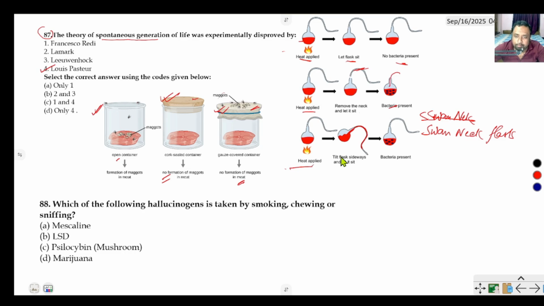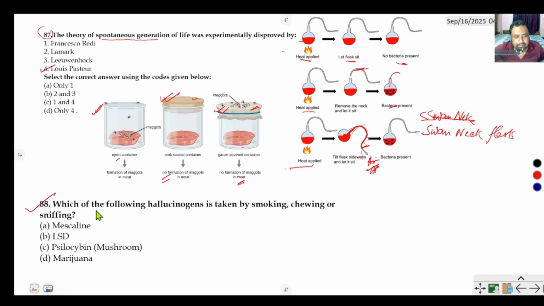Heat applied, the flask was tilted sideways, so the nutrient medium came in contact with air, and bacteria grew. This experiment proved that organisms are present in air, and from air they get into the culture medium and survive. So living things are produced from pre-existing living things.